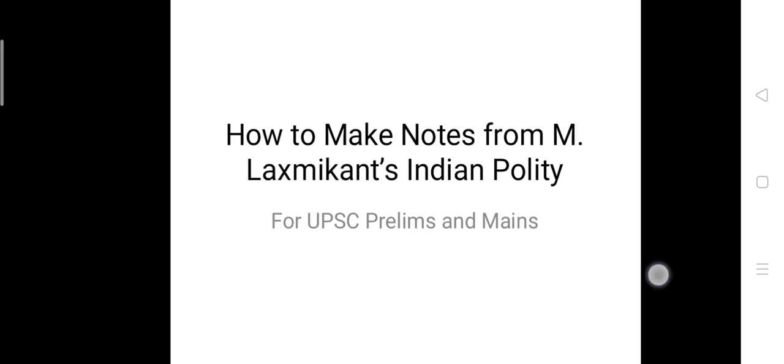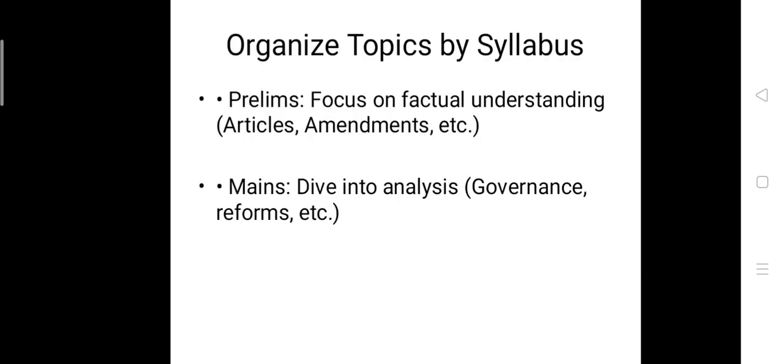So let's start. The first thing is to organize the topics by syllabus. The syllabus gives you the idea about the topics which are relevant for UPSC mains specifically. So first go through the syllabus and the PYQs. For prelims, you need to focus on factual understanding, that is articles and amendments that happen from time to time.